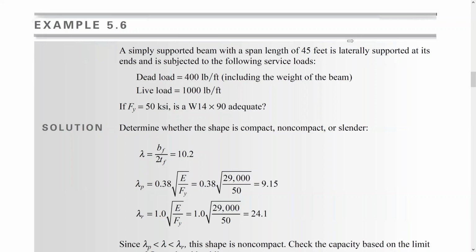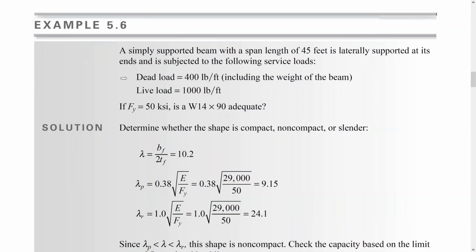Example 5.6, page 212. It's a simply supported beam with a span length of 45 feet, laterally supported at its ends, and subjected to the following surface loads.